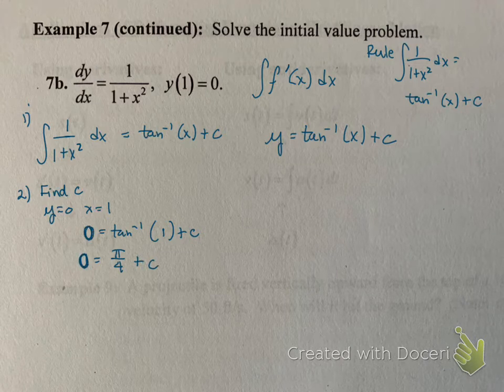Let me fix that really quick. So my equation says 0 equals pi over 4 plus c. Now I'm going to take pi over 4 and move it to the other side, and that's going to be my c value. So my third step is to write my function.